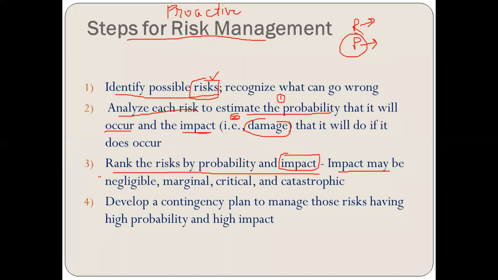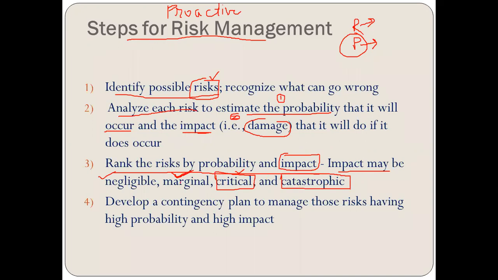The first level is negligible, that means minimum or no loss. Marginal, there will be less loss. Critical, we are going to have a big loss. And catastrophe, it is going to be a failure, right? So these are the levels of impact.